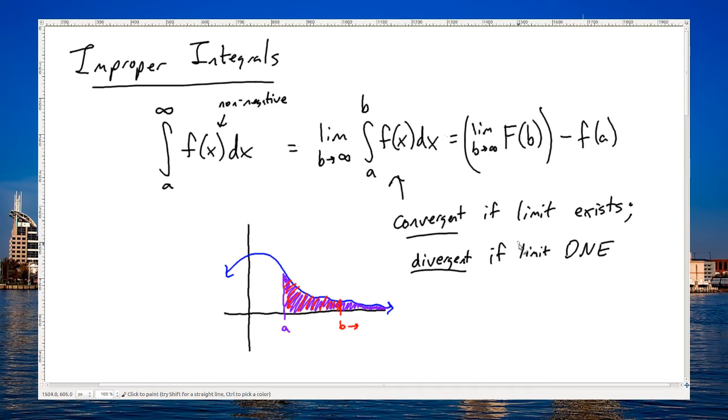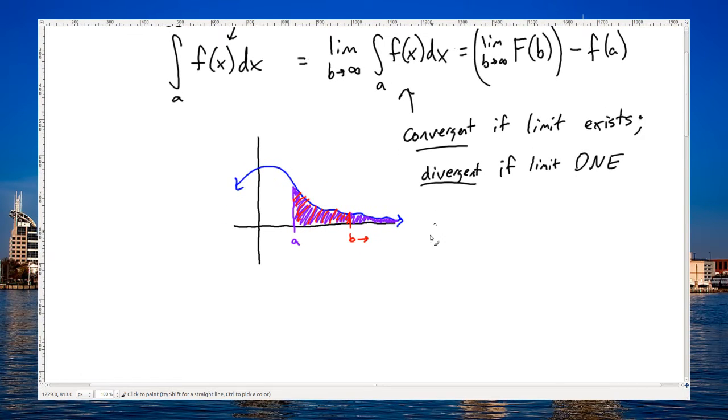Just like for series, they are convergent when the partial sum sequence limit exists, and divergent if it does not. Okay, let's take a look at an example.